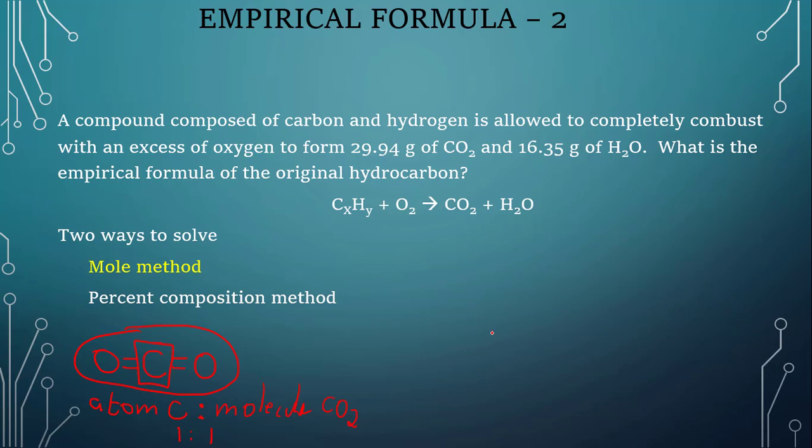Additionally, for water, which is H2O, for every one molecule of water, we have two atoms of hydrogen. So the ratio of atoms of hydrogen to molecules of water is 2 to 1. And that will become important down the road.